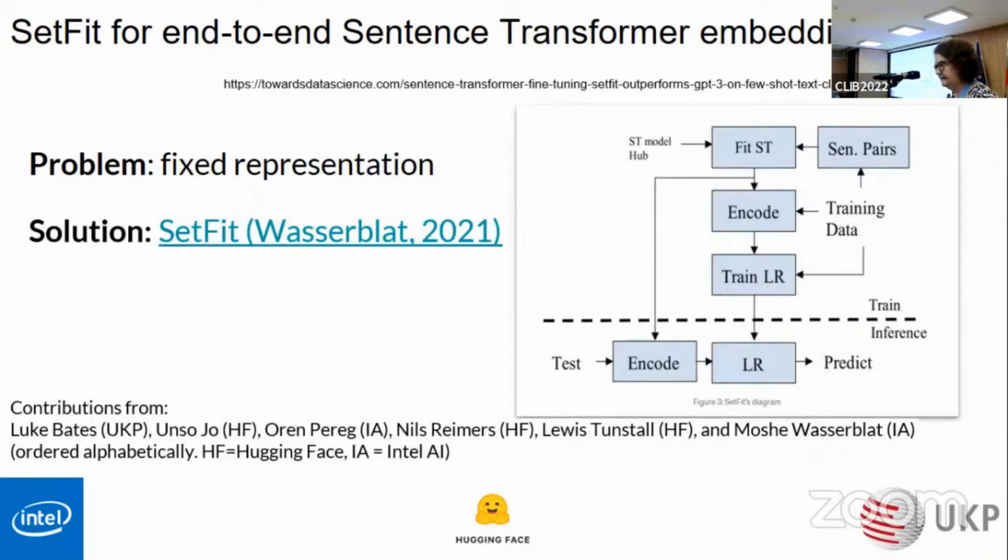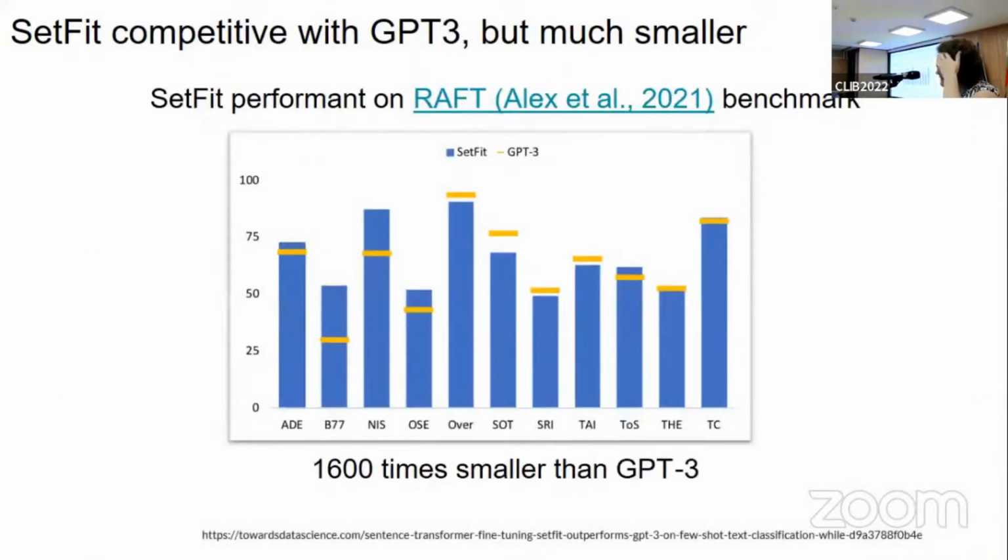In this particular example, this is the domain of fact-checking. So in this graph, we can see how SetFit competes with one of those large language models, GPT-3, which is massive, on the RAFT few-shot text classification benchmark. So the results are comparable for many data sets.